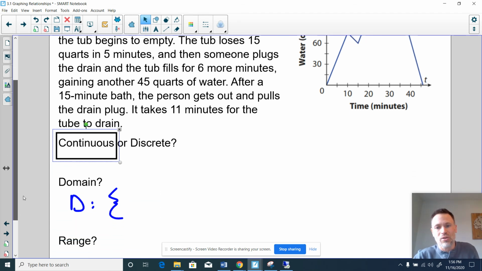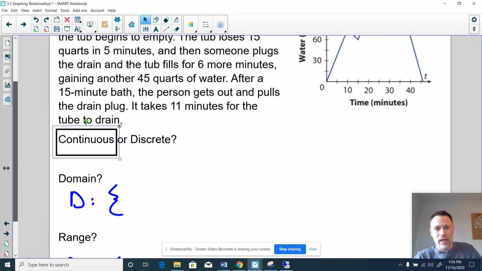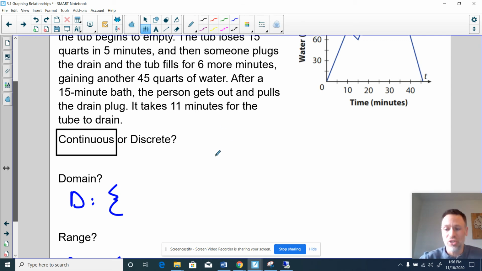In a continuous graph, that is the case, okay? So what we have to do is write an inequality. An inequality covers every single value. Now, when we write an inequality, go back to what we talked about last lesson, right? Our values for X go from 0 to, it's like 47 minutes here.